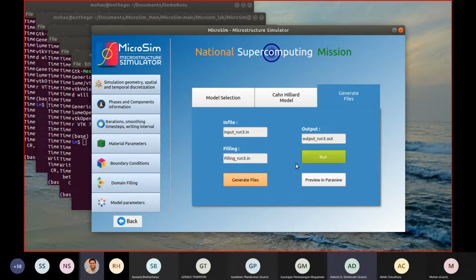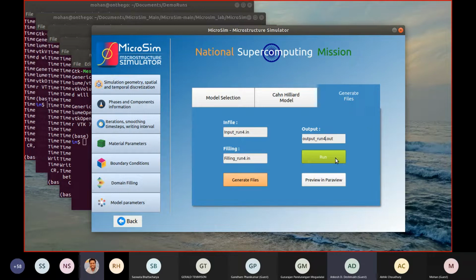Next, yeah, I'm going to save it as run 4. As Professor Avik mentioned, this in-file generator is very handy when you are creating your input file or making a test run.